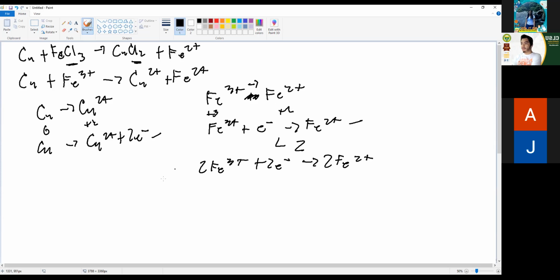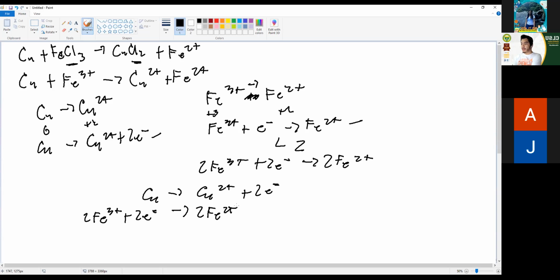So combining both equations: copper yields Cu2+ plus 2 electrons, tapos yung iron, 2Fe3+ plus 2 electrons yields 2Fe2+.